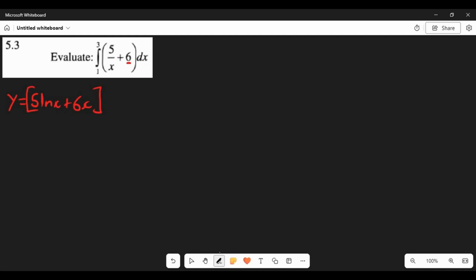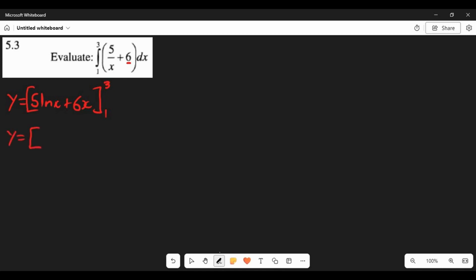Now let us not forget we have the limit. So the upper limit is going to be 3 and the lower limit is going to be 1. So we don't write plus c with definite integral, guys, because it's going to cancel each other later on. So even if you don't write it, it's still fine. Right, so let's continue. Now you rewrite this in this manner.